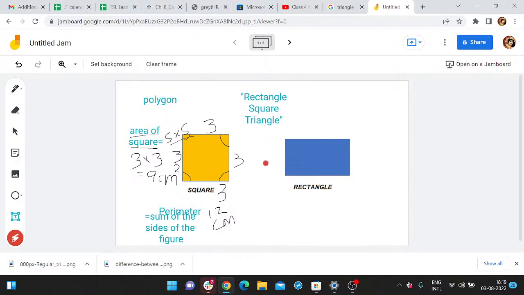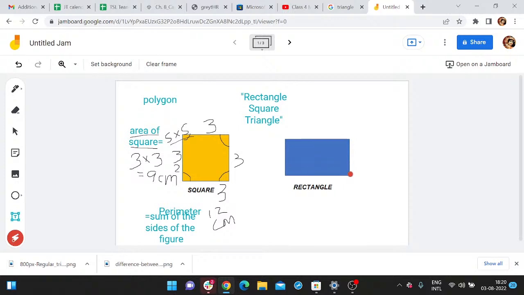A rectangle is clearly a figure that does not have the same lengths. As you can see, this length is shorter than this length and this length. Similarly, this length is shorter than this length and this length. We can just say that these larger lines are clearly bigger than these smaller lines. So in a rectangle, we clearly have two small lines and two larger lines.